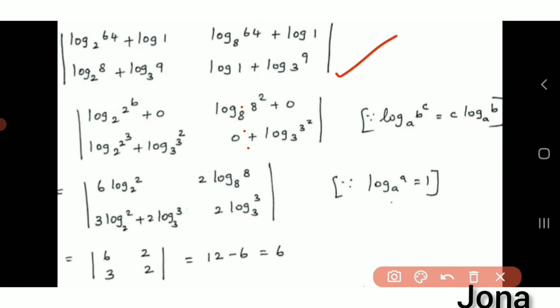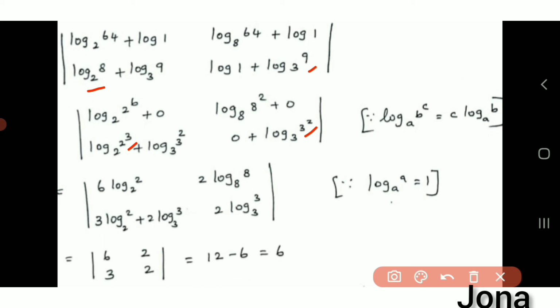This is the simplest form of the log form here. 64 can be written as 2 power 6, and also as 8 squared because the base is 8. So in terms of 8 we wrote that; here the base is 2, so we wrote 2 power 6. Even here 8 is there, so base is 2, we write 2 cubed, and 9 is 3 squared, according to the base.